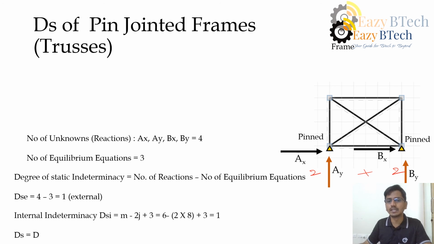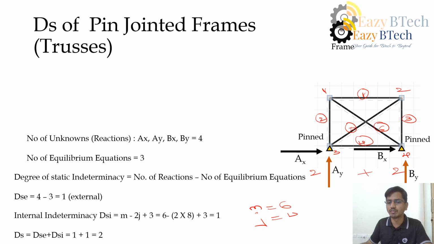To find the internal indeterminacy, we need to find how many members there are. So we have 1, 2, 3, 4, 5 and 6. This whole member is treated as 1. How many joints do I have? 1, 2, 3, 4. So here m is equal to 6, and the number of joints j is 4.